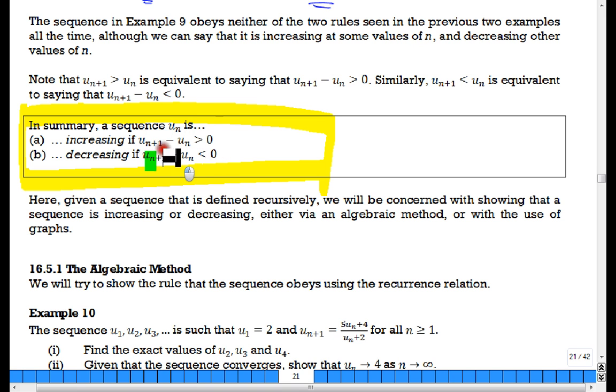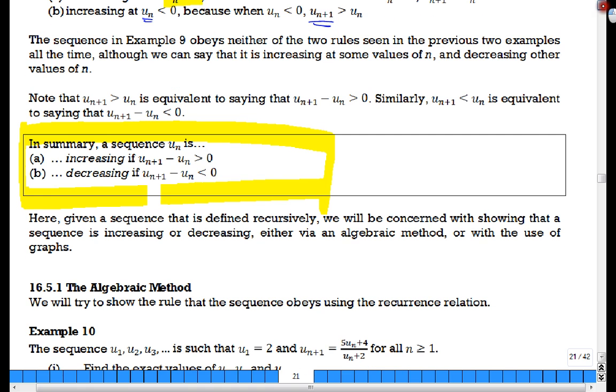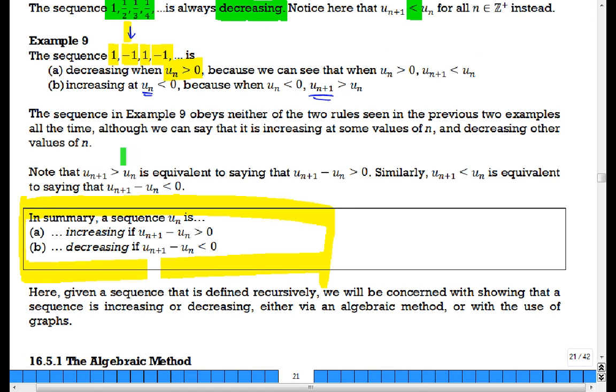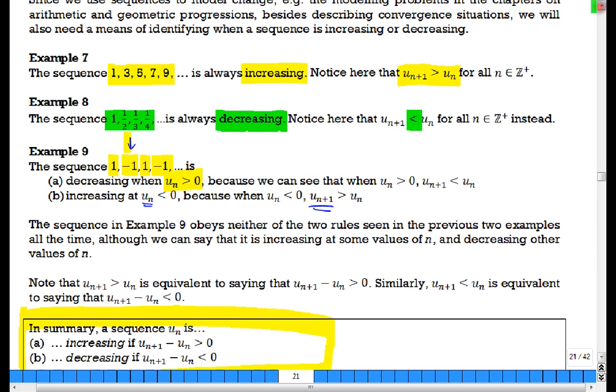Can I have attention here? Remember. Let's look at example 7 again. If it's increasing, we say that U(n+1) is larger than Un. We usually will write this. These two are equivalent.